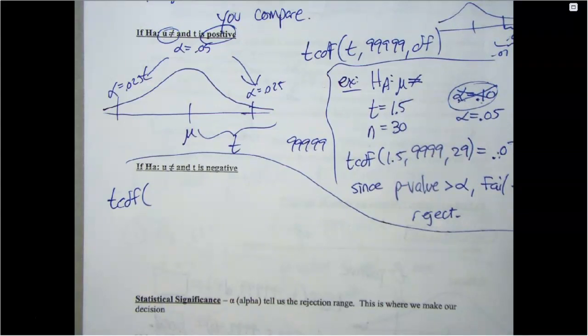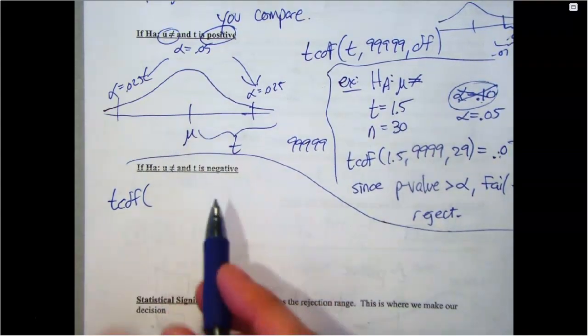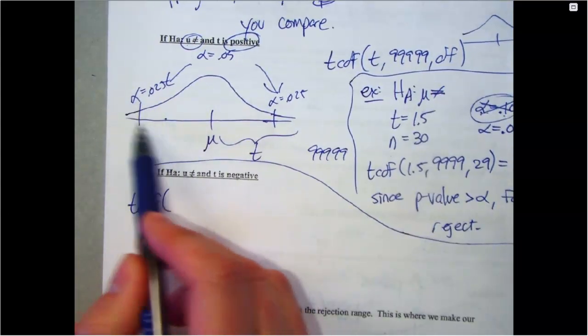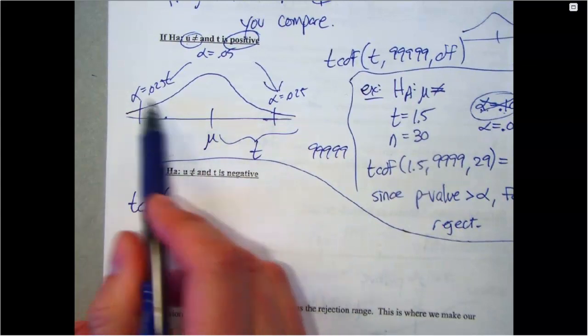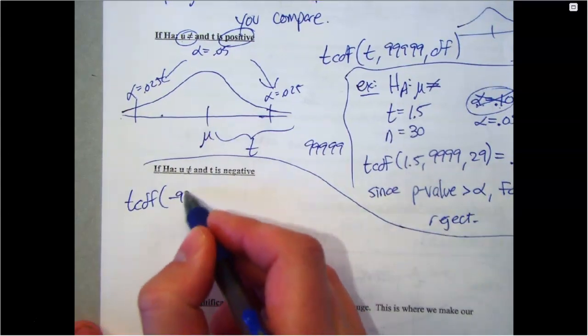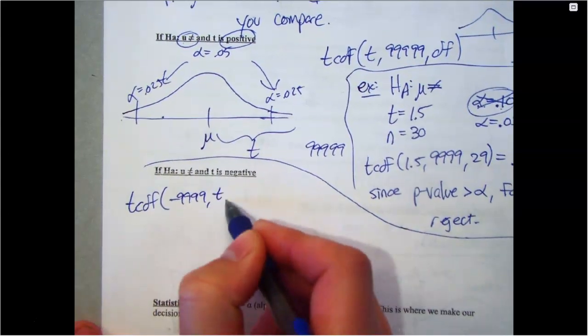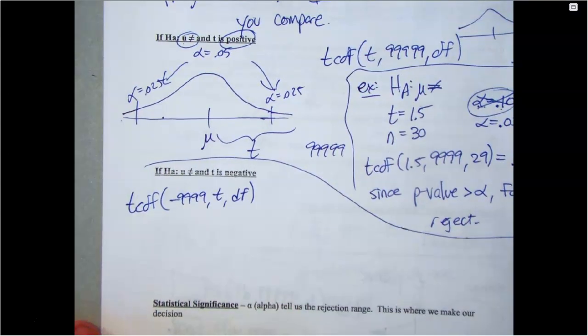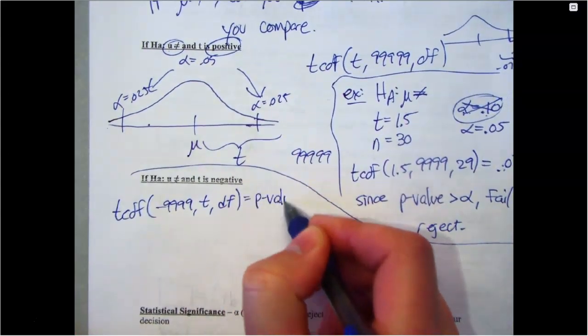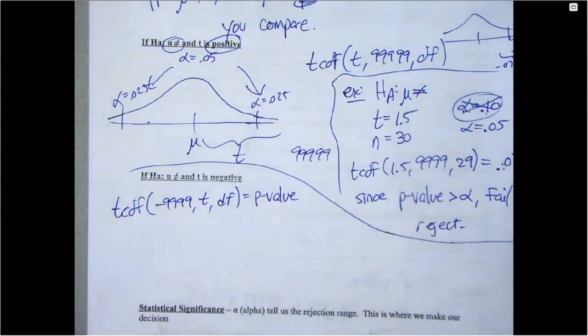I want to go more left to find this area over here. So if I'm looking at this shape, what's the left-hand boundary? The right-hand boundary is T, and then you put your df. That equals your p-value.